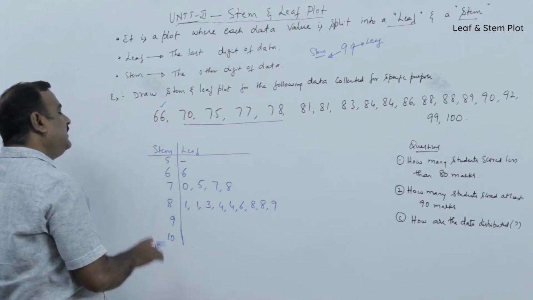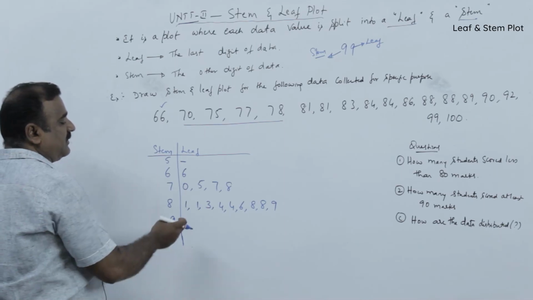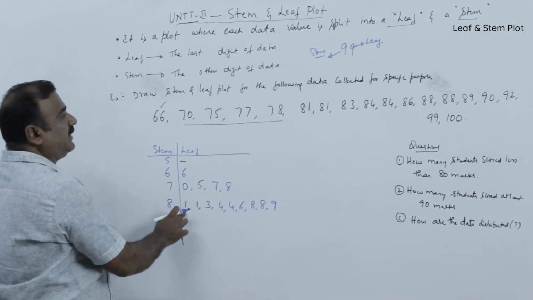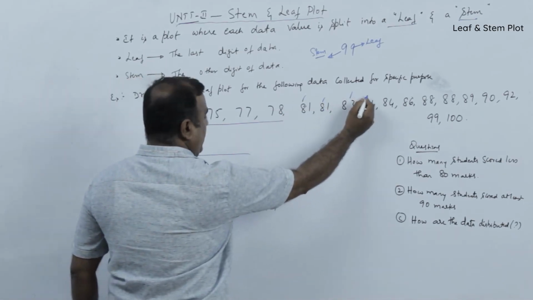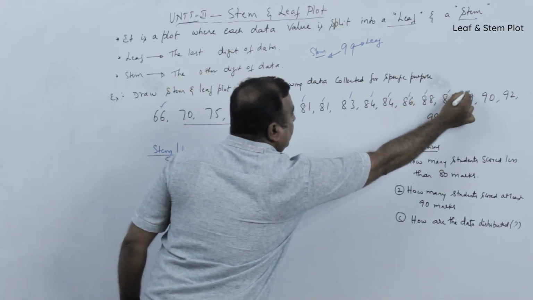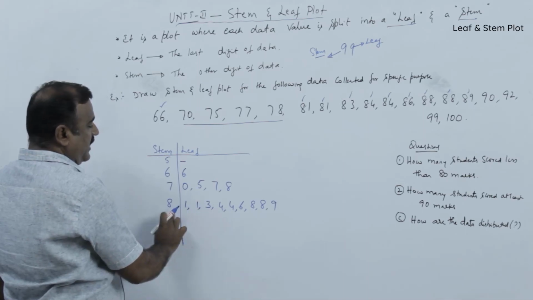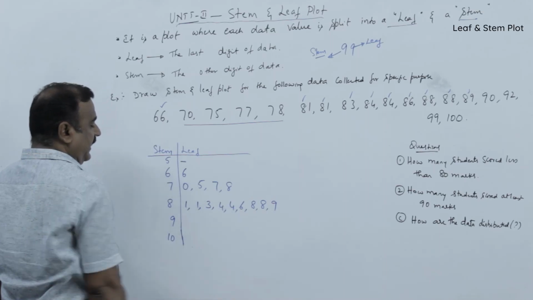You can see that the largest amount of data is in the 80s, meaning the number of students who scored in the 80s is very large. So 81, 83, 84, 86, 88 and 89.